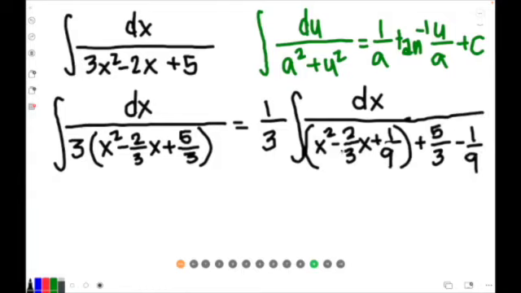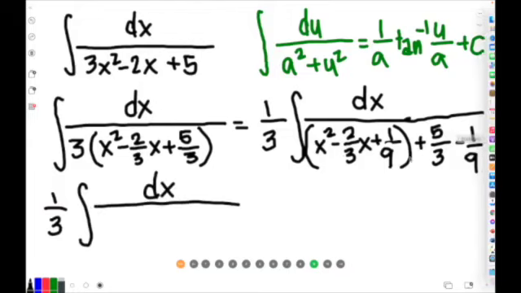Okay, so let's simplify this one. This would just be, let's write 1 third the square root of, the integration of dx all over, let's write this in square notation.